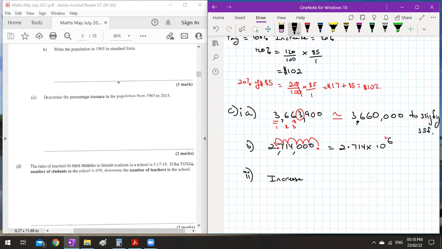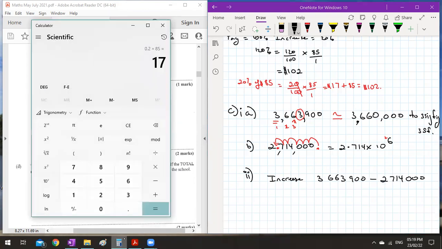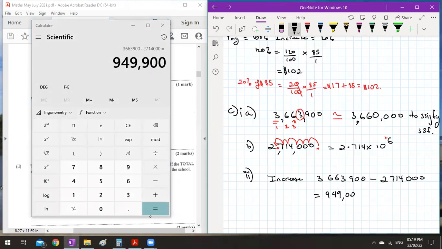So we have to minus 3,663,900 minus 2,714,000. So 3663900 subtract 2714000, 949,900.